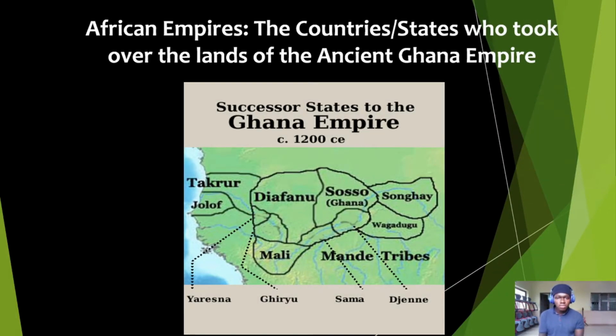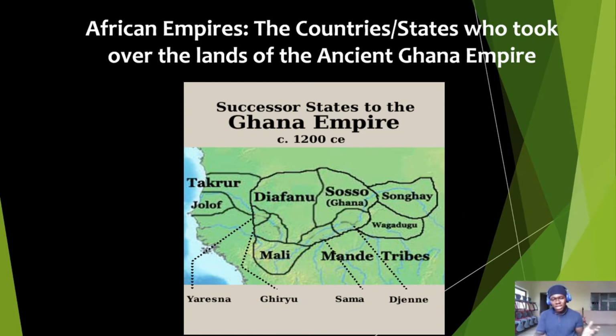So when the ancient Ghana Empire was dying, various different groups who lived in there took over the land that the empire owned. And you can see the Wolof people, these people took this land, these people took this, these people took that, the Soso people took it, the Songhai people, Ouagadougou. Those of you who are a bit versed in geography will know that that's the current capital city of Burkina Faso.